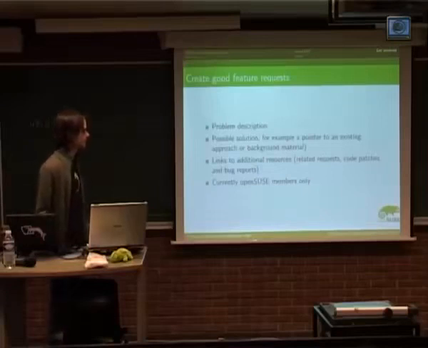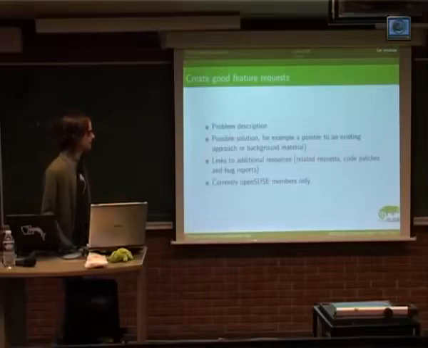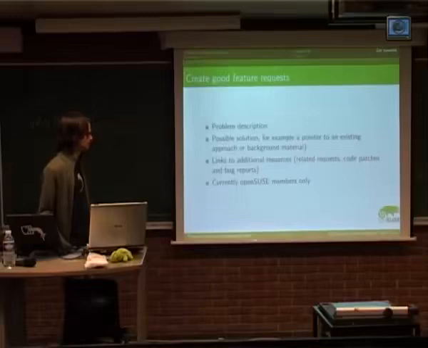Best thing would be to have a possible solution and to have as many pointers to links and background material as possible so that the people know what it's about. At the moment, only openSUSE members can create new feature requests in openFATE. Editing features can be done by everyone.